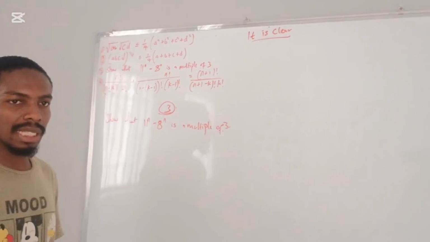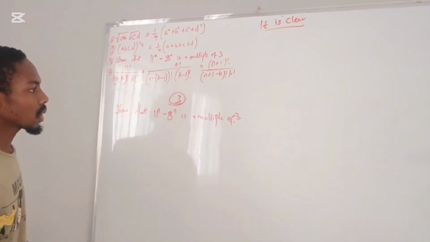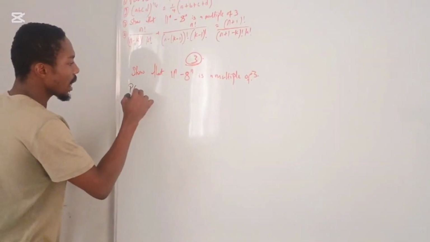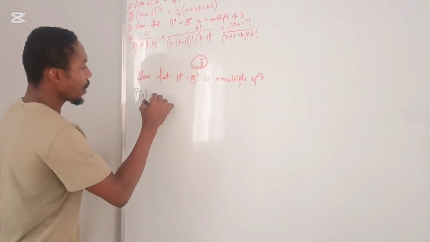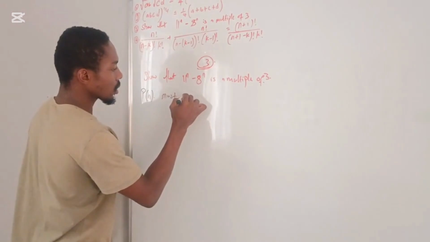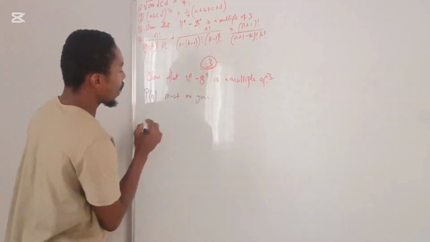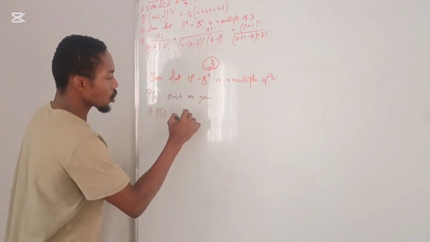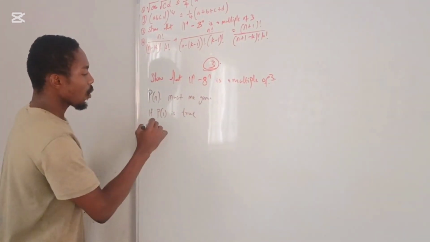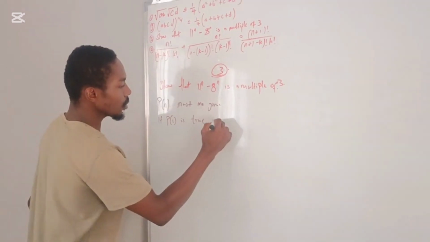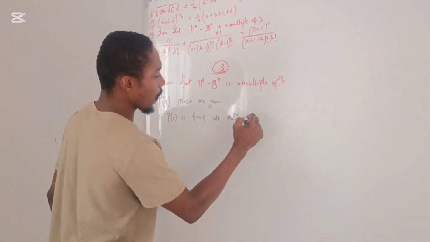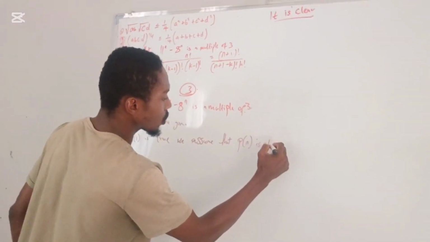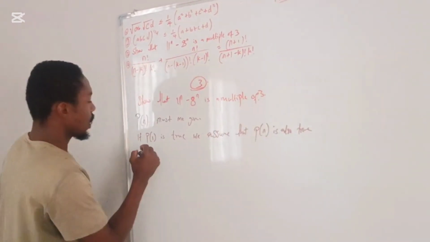Now I'm going to show this using mathematical induction. What are the properties of mathematical induction? Whenever P of n is given, if P of 1 is true, we assume that P of n is also true.